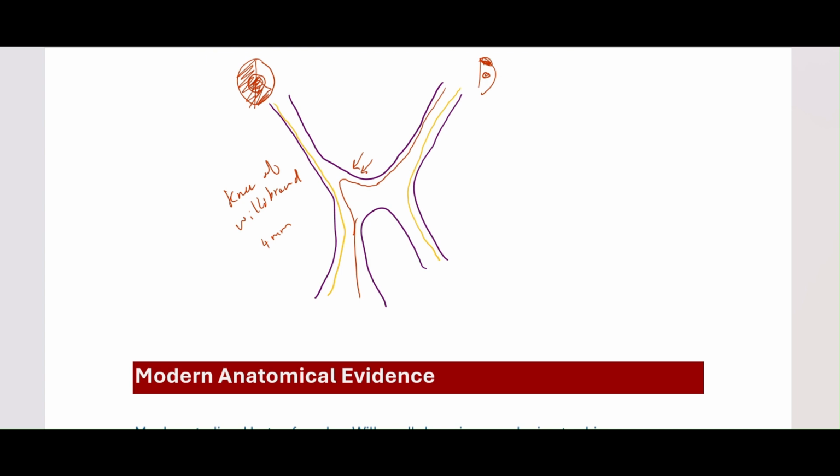The anatomical evidence for the knee of Willebrand is not well established. Some recent anatomical studies mention that they are not present in the normal population. They are present in a person who had an enucleated eye, so enucleation of one eye, for example, leads to retraction of these fibers into the contralateral optic nerve.